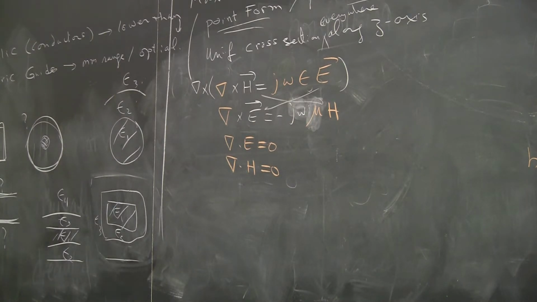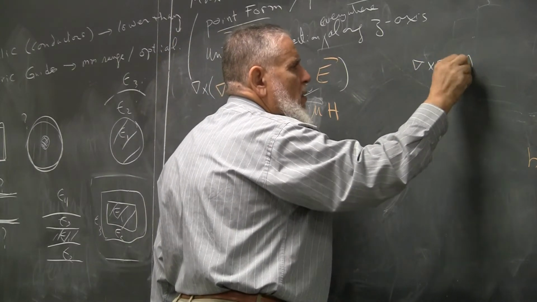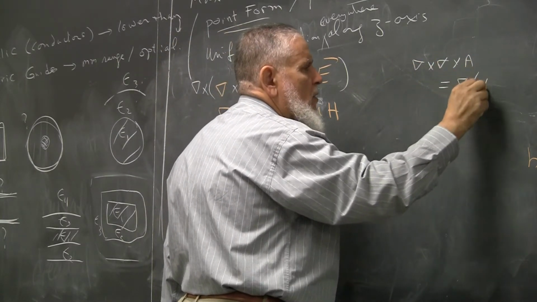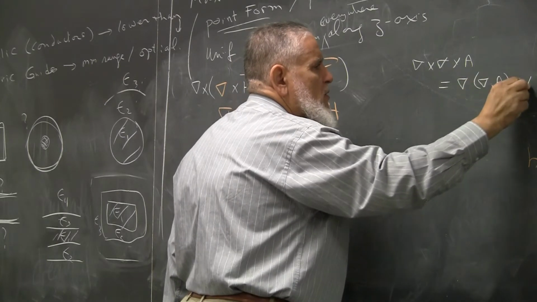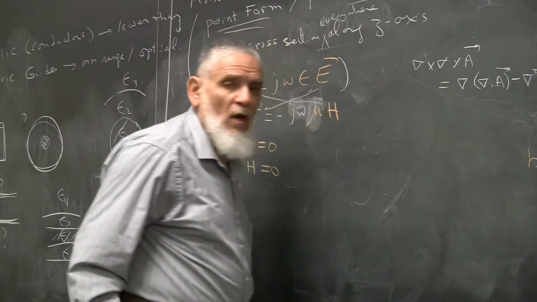So I go to vector identities, the curl of a curl. Curl of curl of A is equal to the gradient of the divergence of A minus del squared of A. That's a known vector identity. So I borrow that.